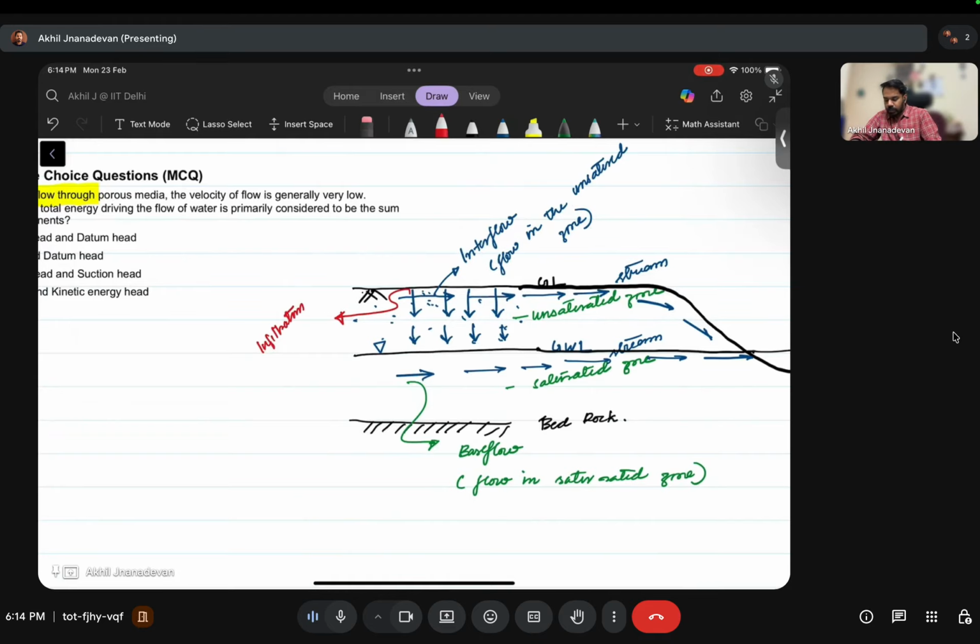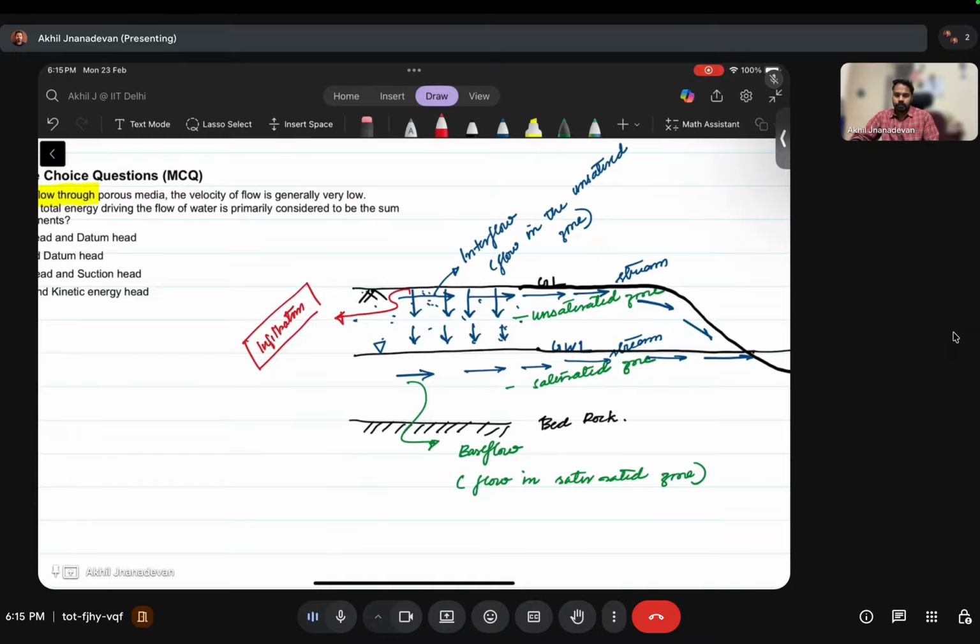So the main process is how the water from the ground level penetrates into the subsurface. That particular process is called infiltration. Once infiltration happens, over time this water will be percolating deeper and reaching the groundwater level.